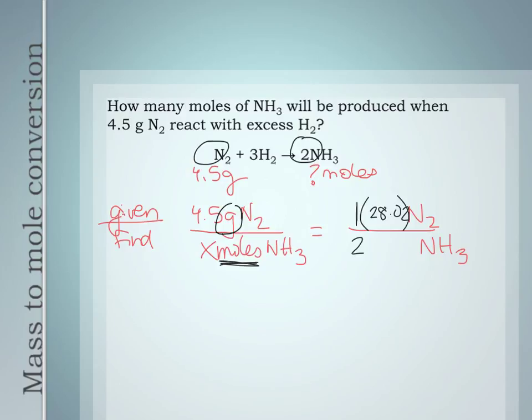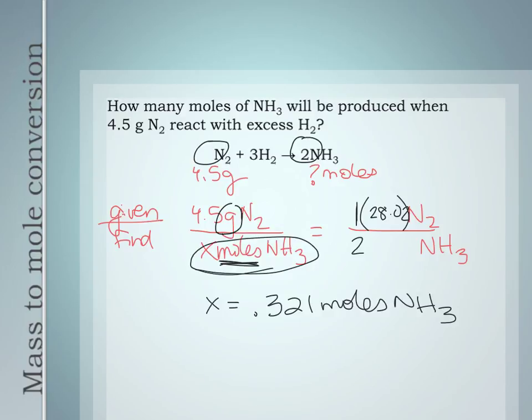All right, I got that X is 0.321 moles of NH3, because remember I was looking for moles of NH3, so that's how I knew my answer was in moles. See, not so hard, huh?